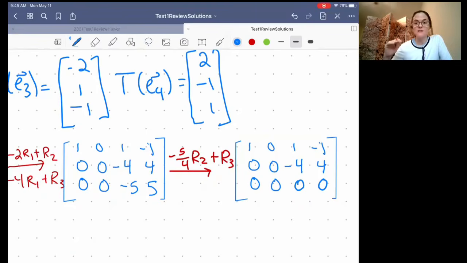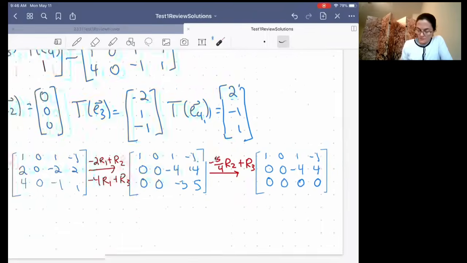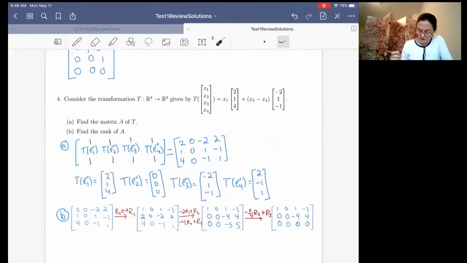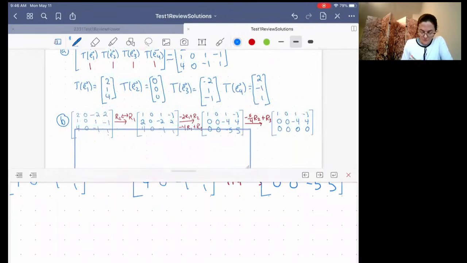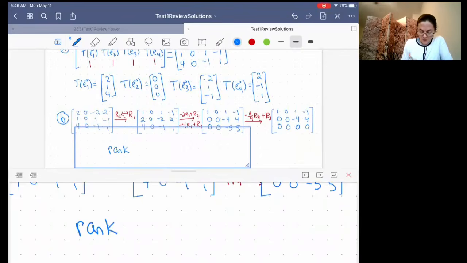The rank is 2. If you wanted to go to reduced row echelon form, I'd have to just make this a 1 and then make this above a 0, but I don't have to do that to figure out the rank. So I know the answer here. The rank is 2.